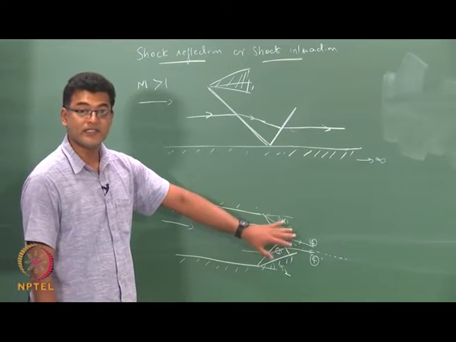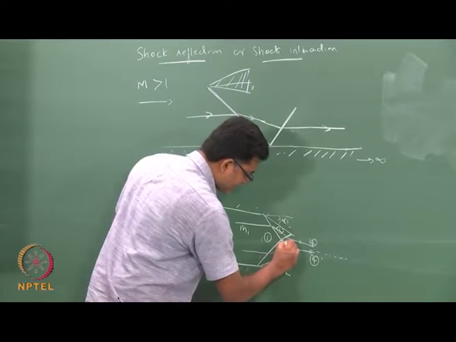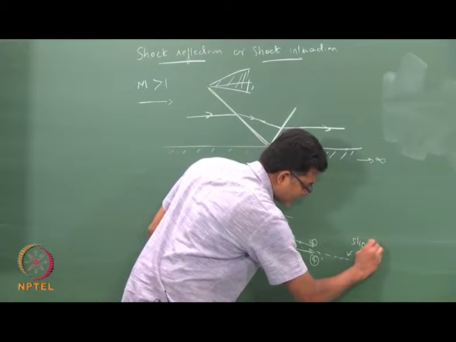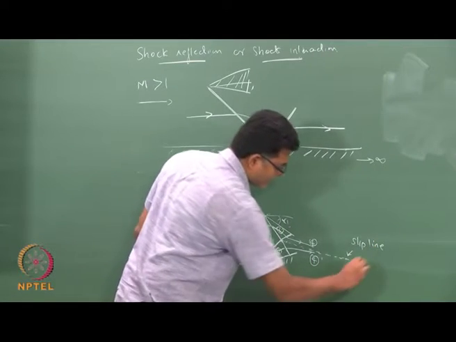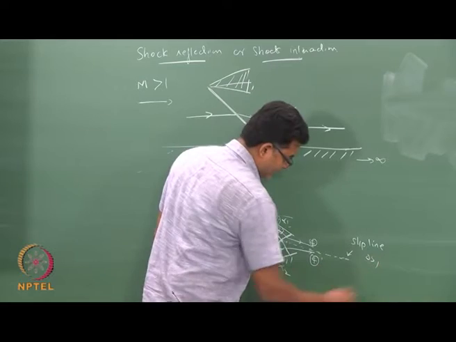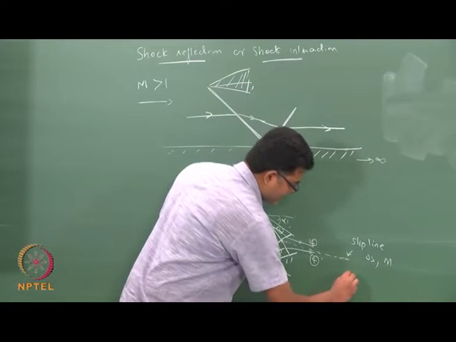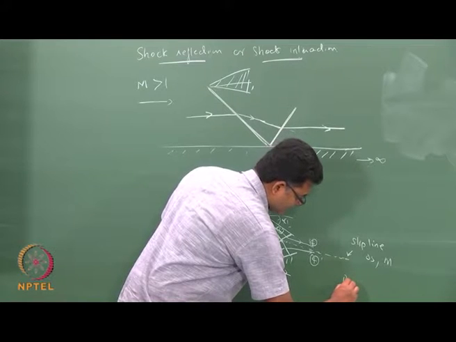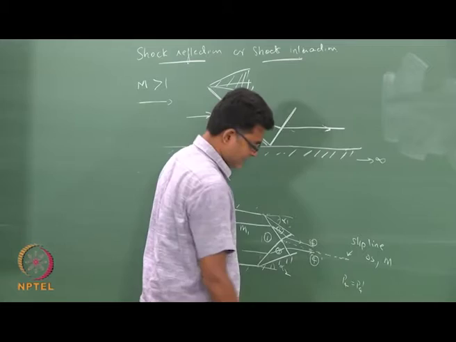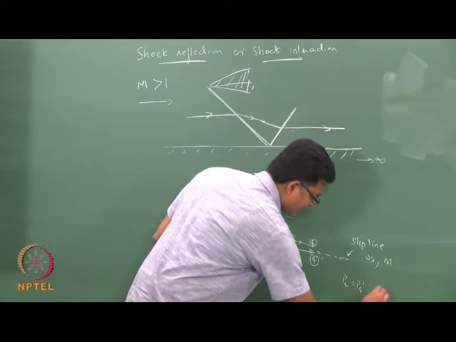So, there will be a discontinuity of entropy change in 4 and 4 dash, and that happens at this particular dash line, which is called a slip line, where my entropy change is discontinuous, my Mach number is discontinuous, except the pressure P4 is same as P4 dash across the slip line, and the direction of velocity.